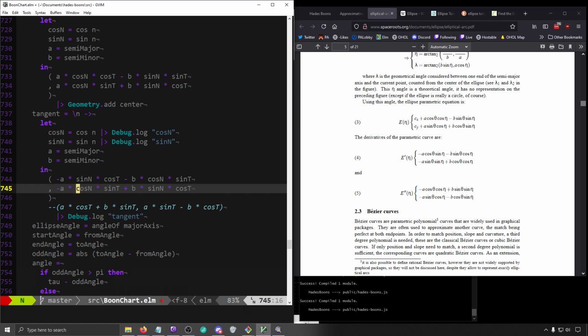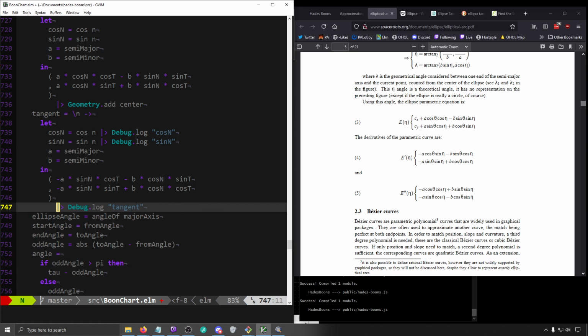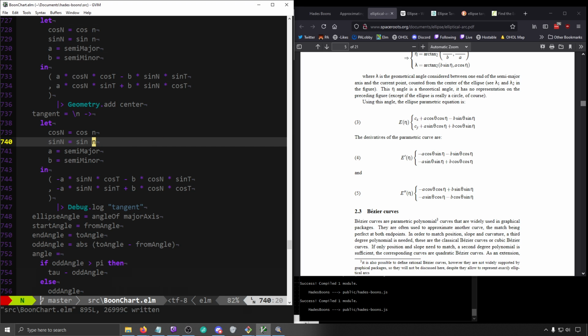And then sin eta times sin theta plus b times cos eta times cos theta. So given the really flipped tangents we were having, that seems a little bit more believable.